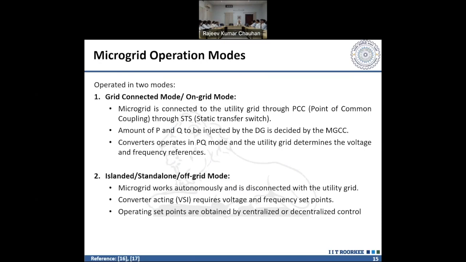What is the relation between the frequency and the speed? N is 120 F by P. Very good. That is the synchronous speed.